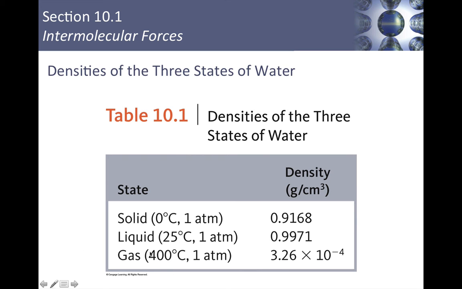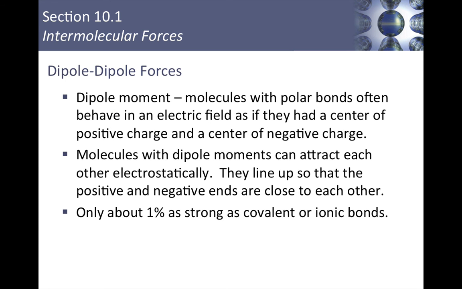Now, look at the temperature change that we're dealing with from 0 to 25 to 400 degrees Celsius. So, this is at a very, very high temperature, well above the boiling point of water, that our density for water actually drops dramatically.